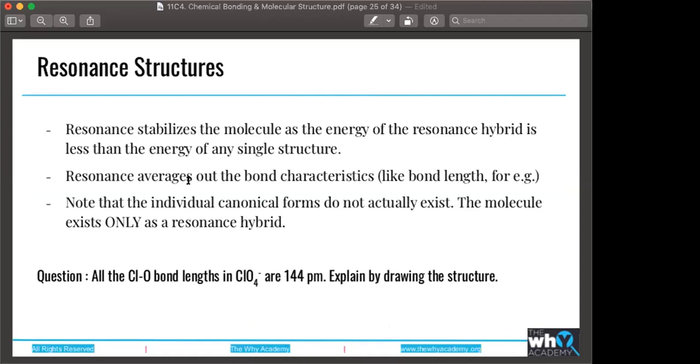Now the resonance averages out the bond characteristics. This is what I mentioned, the bond length will be between single and double, an average of both of them. Bond energy also is between them. So the individual canonical forms do not actually exist. The molecule exists only as a resonance hybrid.